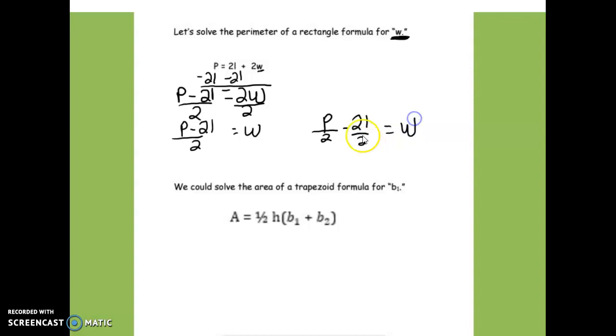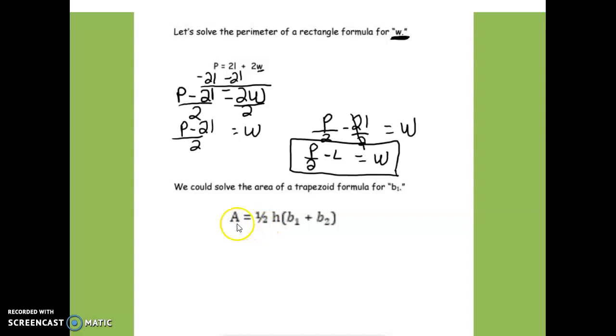And what you'll notice is the 2's here actually cancel out. So you are left with P over 2 minus L. Okay, and that would be our final answer.